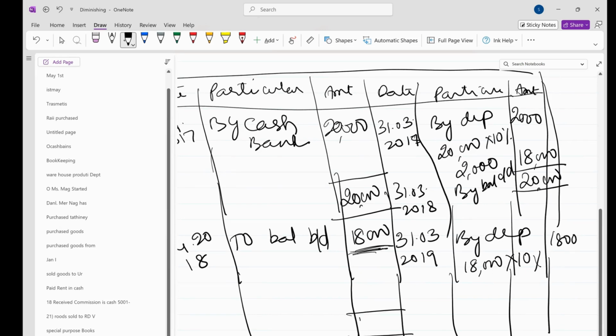Now you balance the account, 18,000. Here also 18,000. 18,000 minus 1,800, how much?